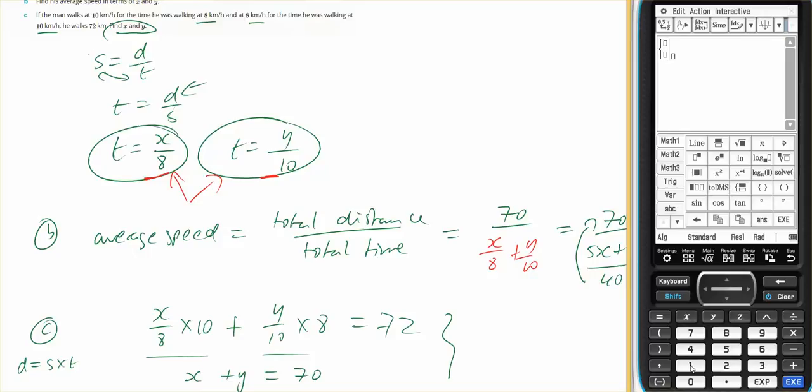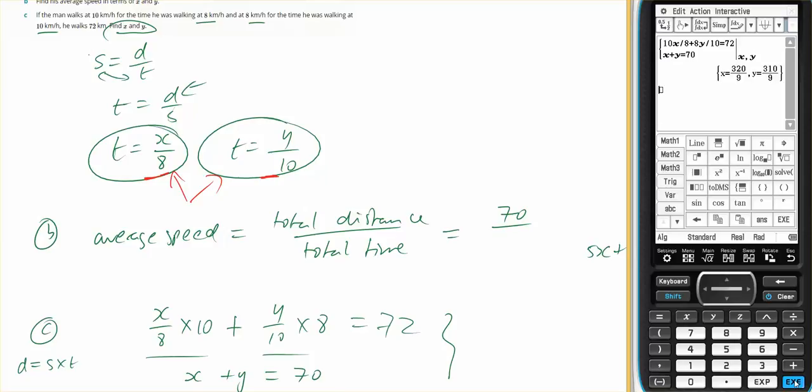So that's 10x divided by 8 plus 8y divided by 10, and that equals 72, because if you switch the times around, the total distance is 72. Originally, x plus y, because that represents the total distance, equals 70. And we're solving for x and y.